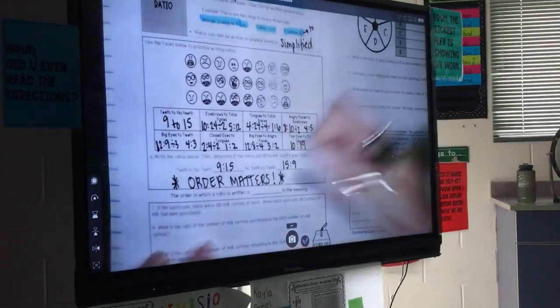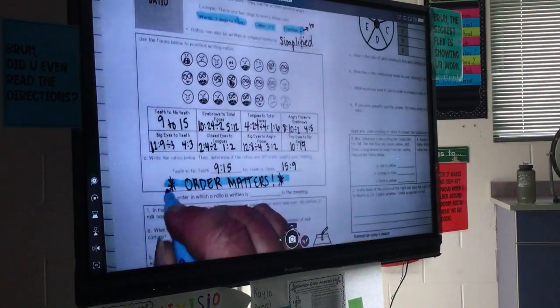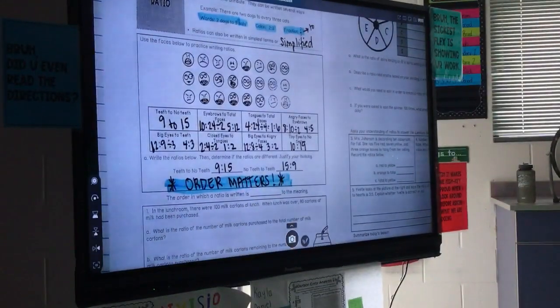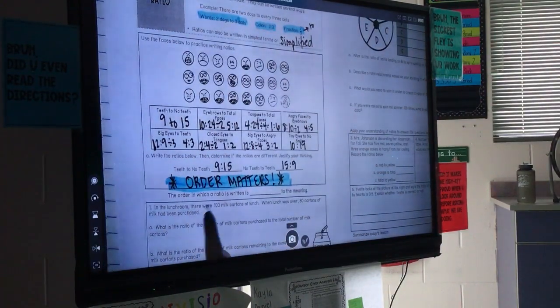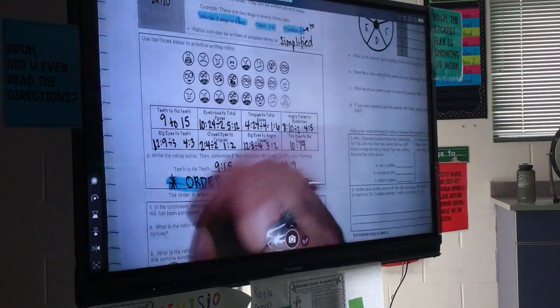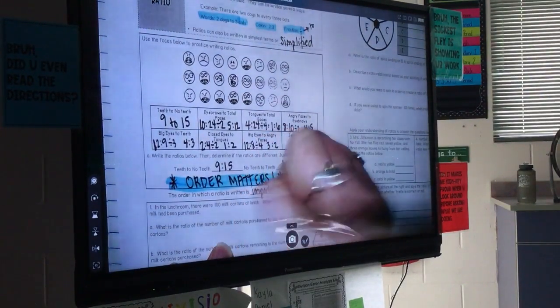And then you're going to highlight it with whatever color you have. All right, and then obviously this sentence says the order in which a ratio is written is important to the meaning.